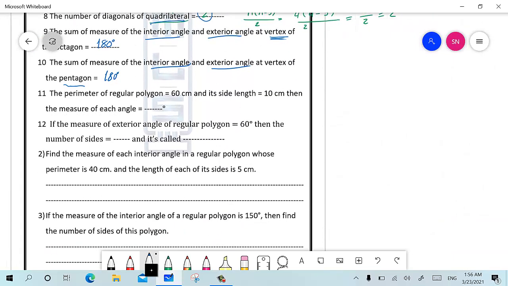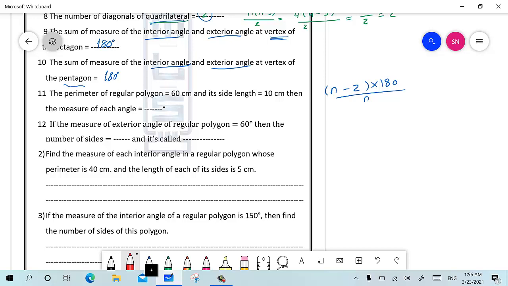Now let's go for number 11. The perimeter of a regular polygon is equal to 60 centimeters and its side length is equal to 10. Then the measure of each angle. We said that the rule to find the measure of each angle is n minus 2 times 180 divided by n. So I must first find n, and I don't have n in the question. So what should I do?